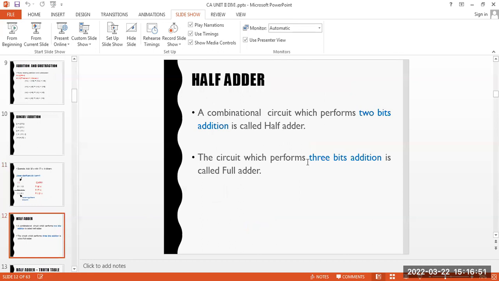In addition, we have the half adder and the full adder. A half adder is a combinational circuit which performs 2-bit addition. A full adder performs 3-bit addition, taking the previous carry and adding it in the next adder.